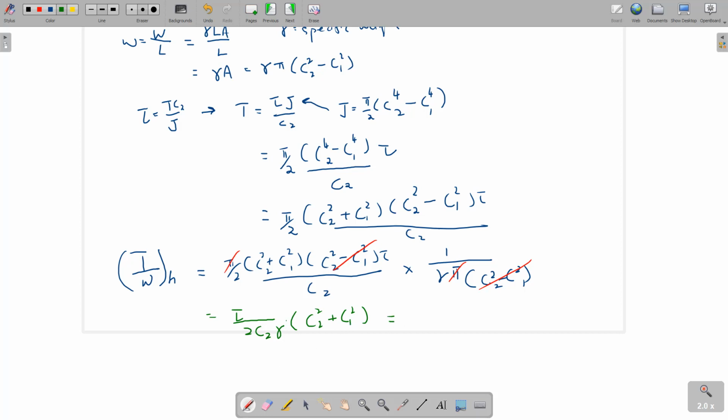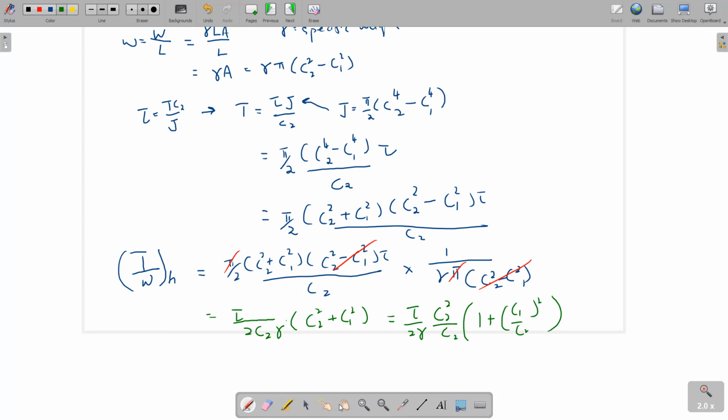Okay, this can also be written in this form: C sub 2 square over C sub 2. So I will have 1 plus C sub 1 over C sub 2 square over here.